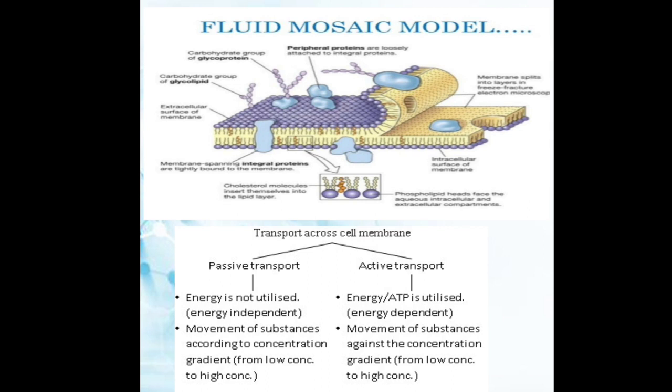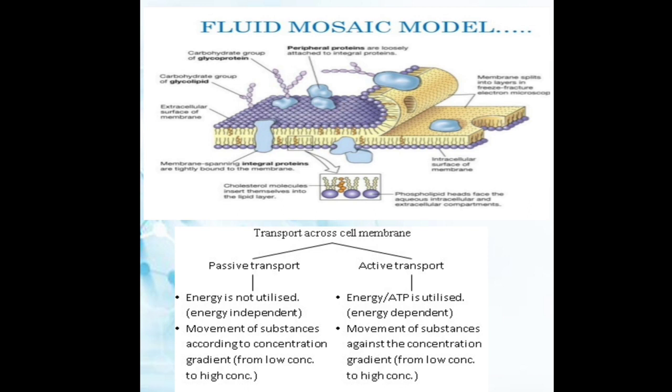The membrane splits into two layers, that is the freeze fracture which was seen by electron microscopy, the integral proteins, and the phospholipid layer, that is the amphipathic layer. We can see a hydrophobic part and a hydrophilic part to it.